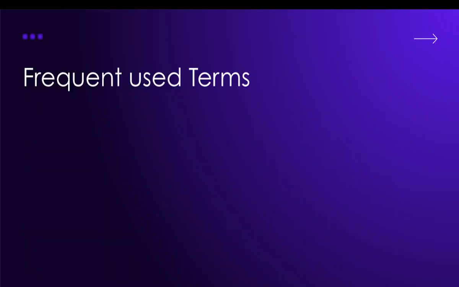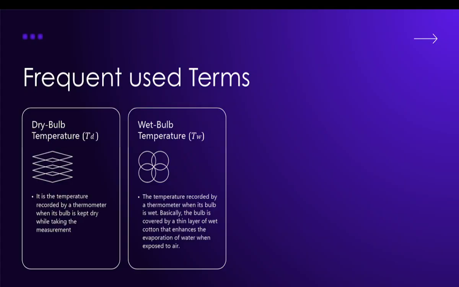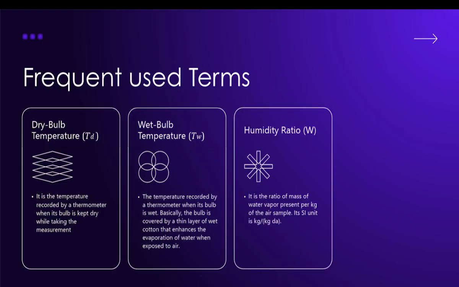Frequently used terms. First is dry bulb temperature. It is the temperature recorded by a thermometer when its bulb is not affected by the moisture present in the air. The second one is the wet bulb temperature, T underscore W. T_W is the temperature recorded when the bulb of the thermometer is affected by the moisture.